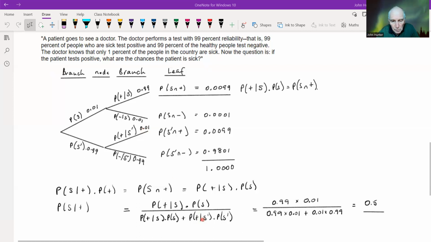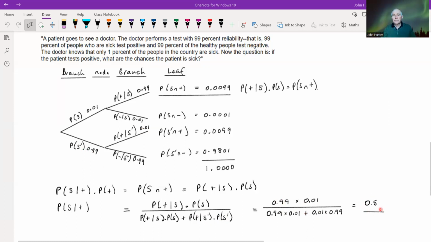That's 0.01 times the probability that they're not sick, which of course is 0.99, since only 1% of the population are sick. So the 2 terms on the denominator are actually the same in this particular example. We can work that through quite easily, and that gives us 0.5.